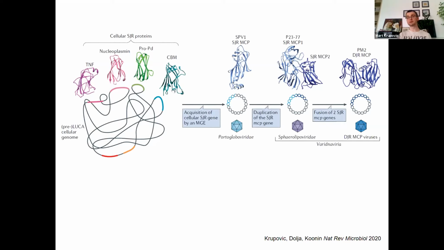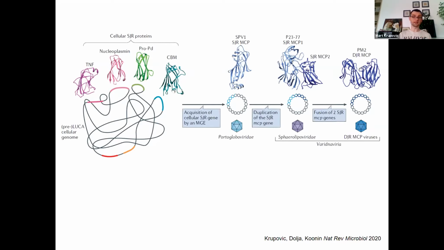These types of viruses are found in bacteria and in archaea. And then we can make a step back to double-stranded DNA viruses where capsids are made from a single major capsid protein with a single jelly roll fold. And then we make a leap from this single jelly roll major capsid protein to cellular single jelly roll proteins.